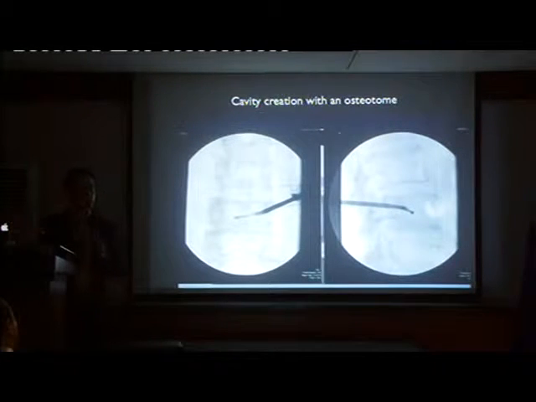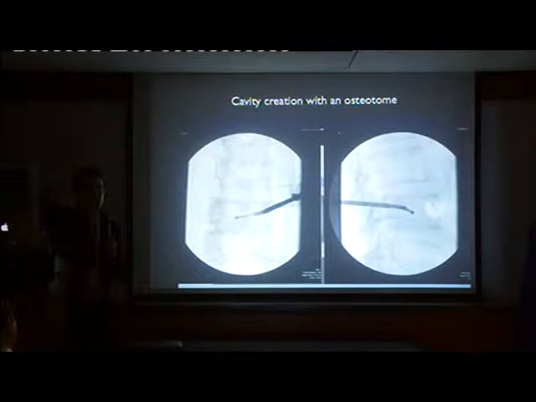Other ways to do cavity creation is using an osteotome. Many different companies have different osteotomes. An osteotome is sort of a blade or a stick that you put in the medullary bone of your vertebral body, which is very soft. If you're putting in that sword or stick, which we call an osteotome, you're making tracks.